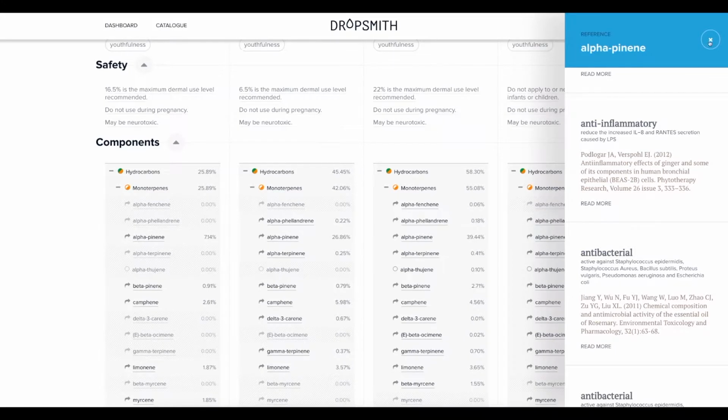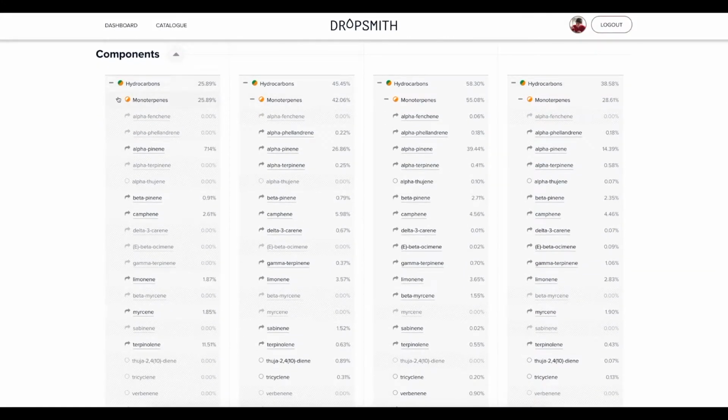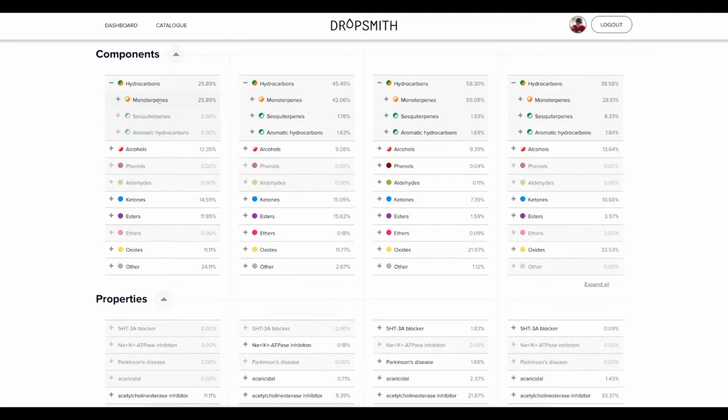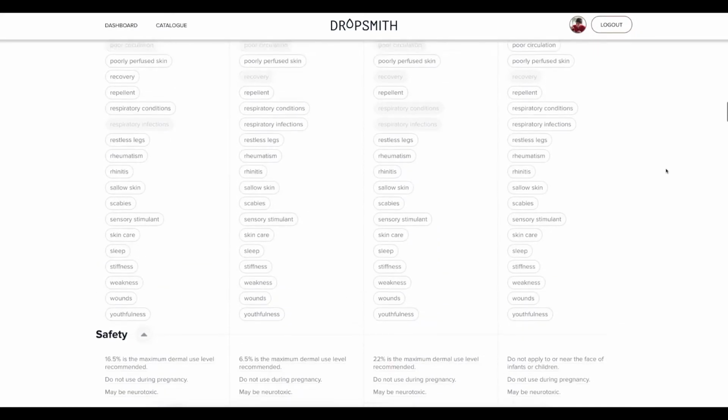So just to explore a little bit deeper and to see the similarities and differences between chemotypes, so which one would be the best choice for your type of pain or inflammation in this case.